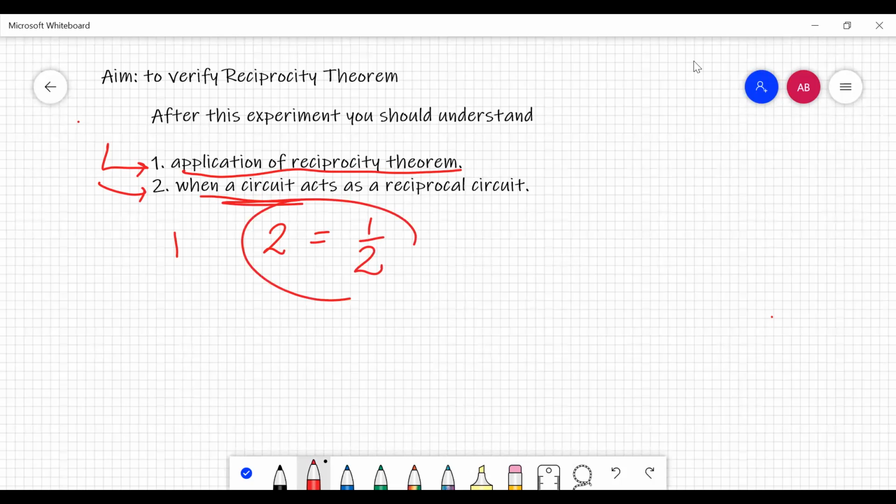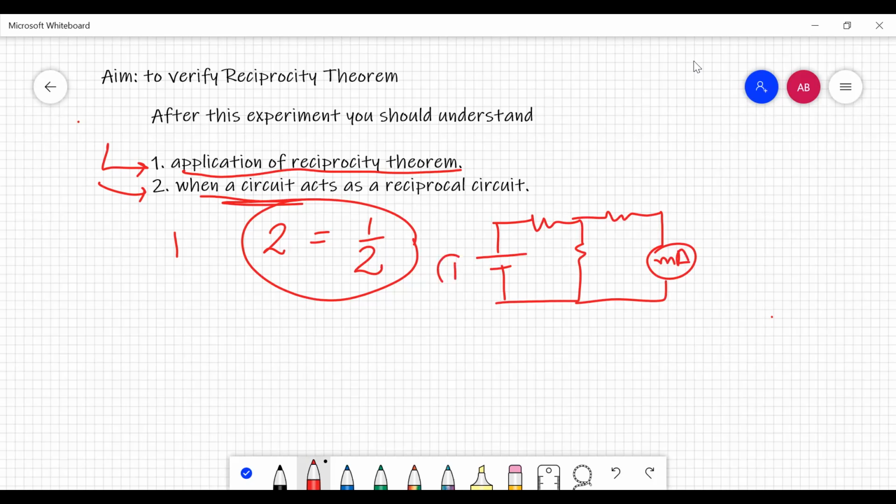So from this, you can understand the reciprocity theorem. Like if you are applying a voltage source in branch 1, let's say this is branch 1 and this is branch 2 and this is branch 3. So the current here, let's say, is I3, this one is I2, and here it is your I1 current.